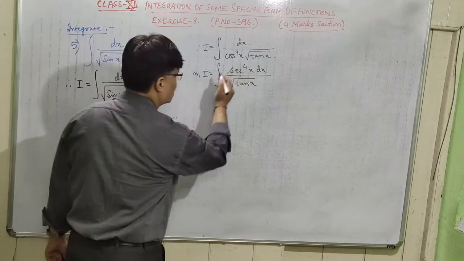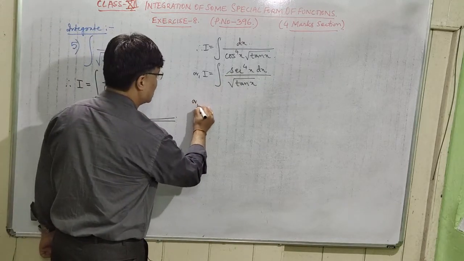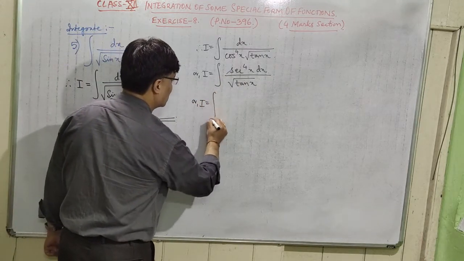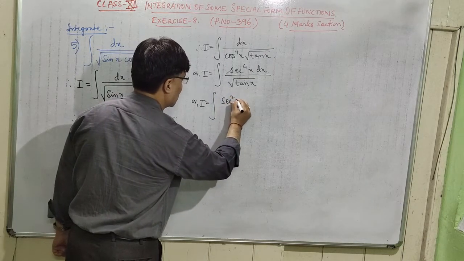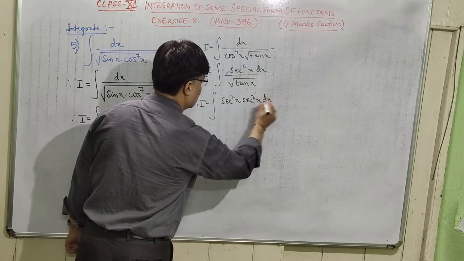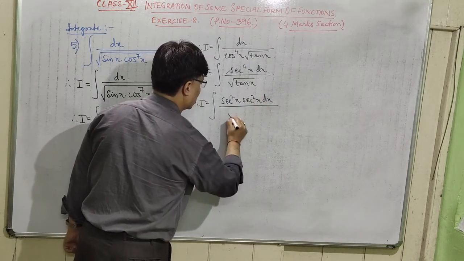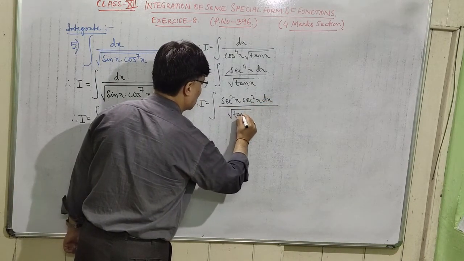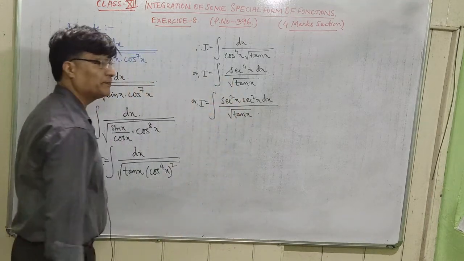So let us break sec to the power 4x as sec square x into sec square x dx divided by the square root of tan x.